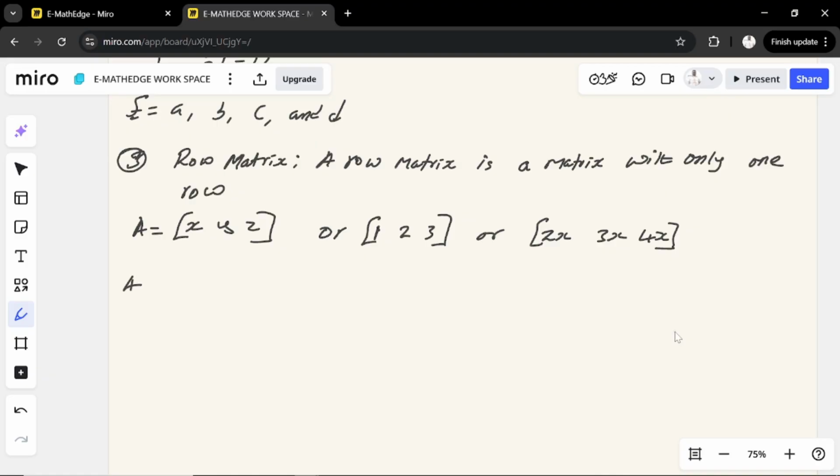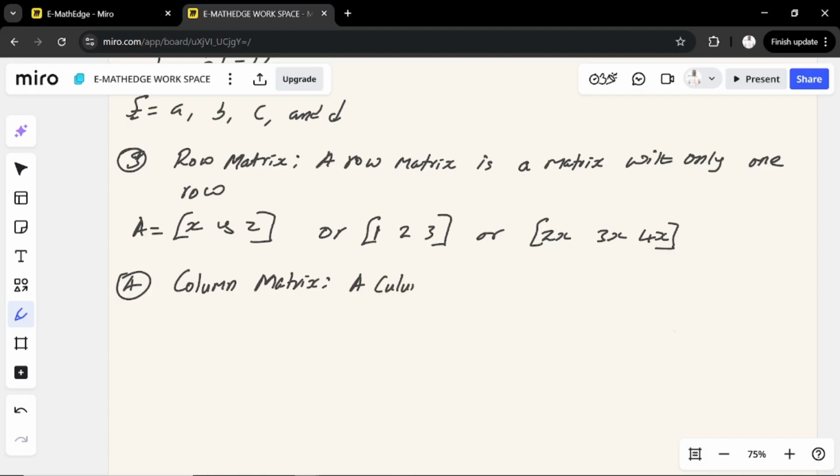So the fourth term we are going to be looking at is the column matrix. And what is a column matrix?